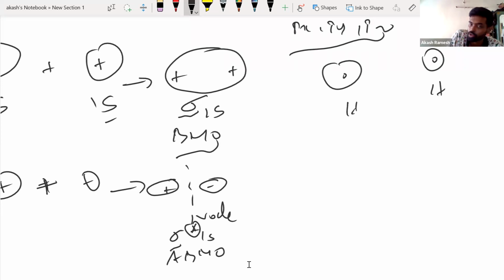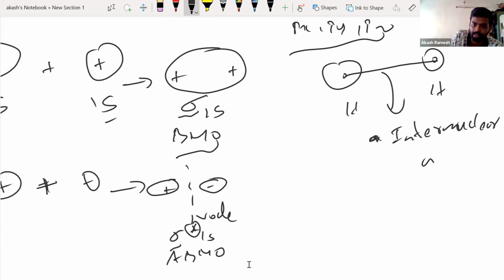Now there are two nuclei here, and there'll be a line connecting these nuclei. This line connecting the 2 hydrogens is what is called the internuclear axis.